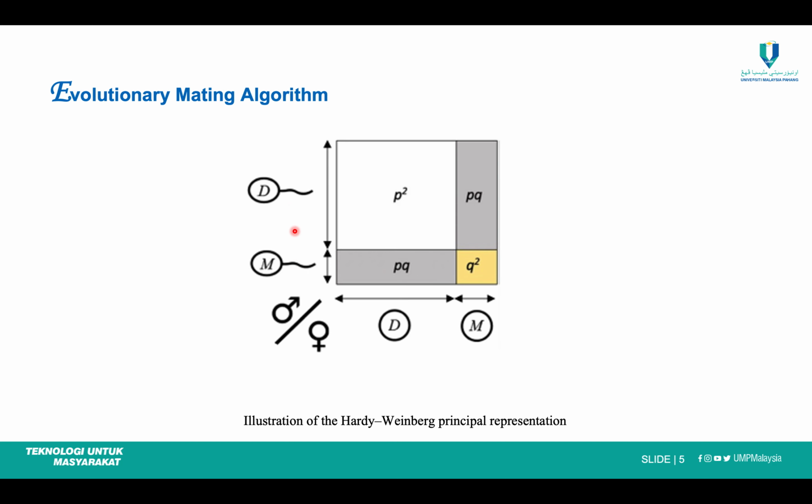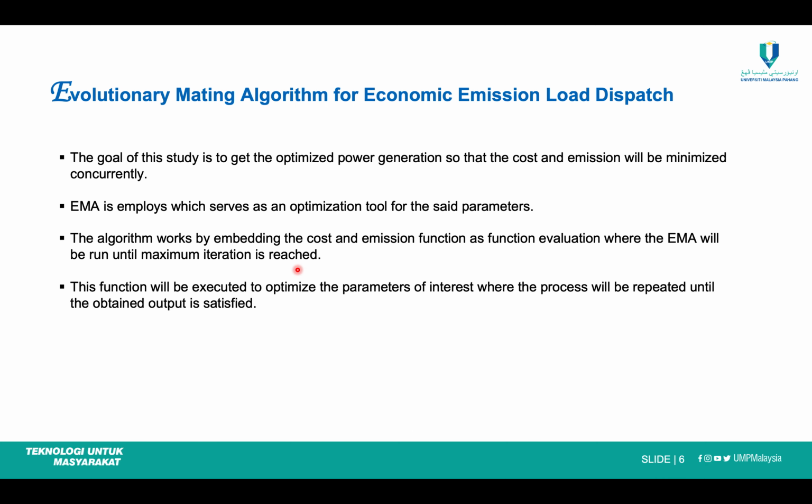So D represents dad and M represents mom, which can give the significant behavior of the offspring. So we use the EMA for solving the EELD. The goal of the study is to get the optimized power generation. The detailed equations you can refer to in the book as well as our paper.